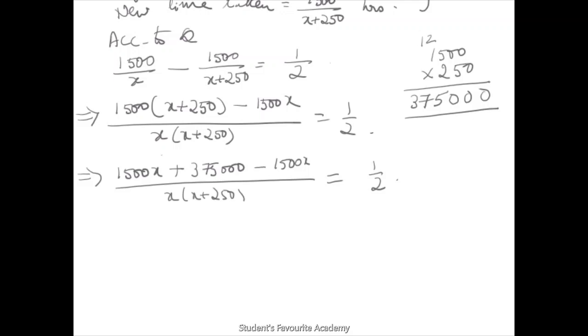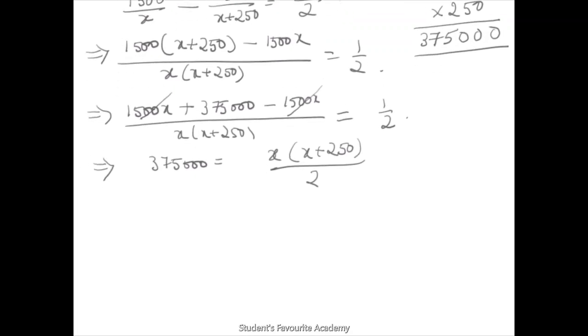Now this 1500x and this 1500x get cancelled, so 375000 is equal to x into x plus 250 upon 2.